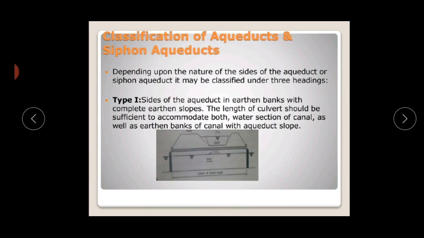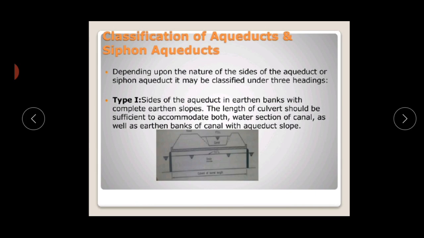and siphon aqueduct. In this type, the sides of the aqueduct are earthen banks with their earthen slopes, and the original canal section is retained. Thus in this case the length of the culvert or barrel through which the drain water is passed under the canal must be sufficient not only to carry the water section but also to carry the earthen banks of the canal with their slopes.